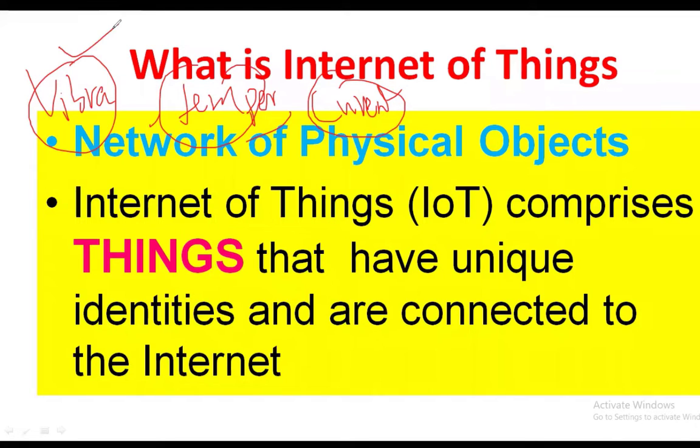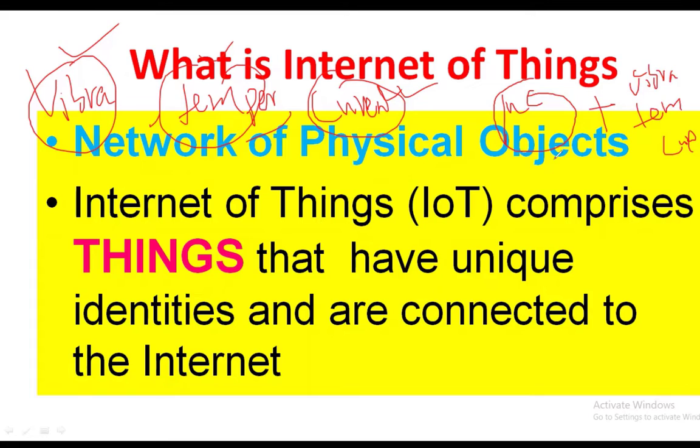We want to collect vibration data, temperature data, and current data from a machine. To collect data, you need a microcontroller or a microprocessor. In this example, a microcontroller, plus sensors, which you can get in the electronics market. You can interface the vibration sensor, temperature sensor, and current sensor with the microcontroller.